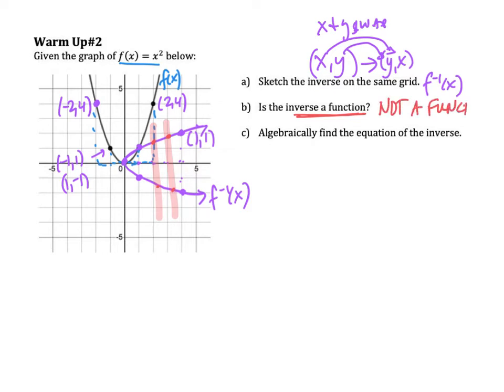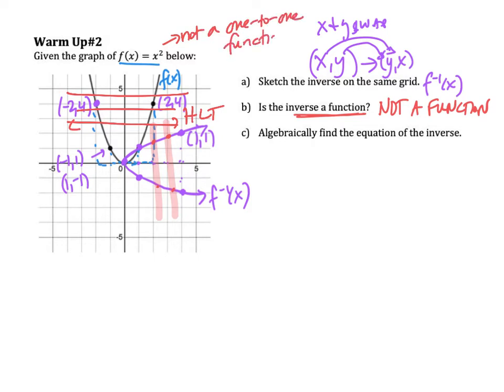And you knew that from the very beginning, because if the original fails the horizontal line test, then its inverse will not be a function. So the original needs to be a one-to-one function. This is not a one-to-one function. Therefore, its inverse will not be a function. So how do we know it's not one-to-one? It failed the horizontal line test.